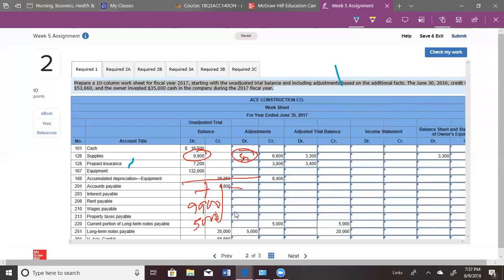If it was this one and this one, because these are two debits, and the debit for an asset is a plus and a plus, then it's going to be 14,900. So we're going to add them. But a credit for an asset is a subtraction. So if it's this side, then you're going to subtract 5,000. It'll be 4,900. Does that make sense?